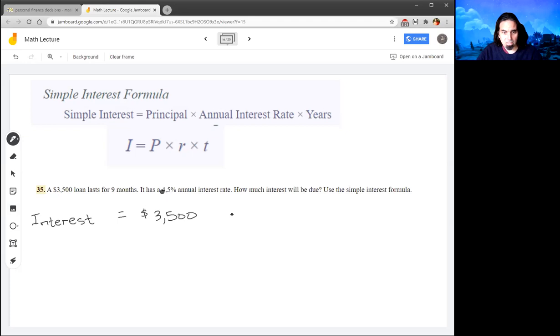So if I flip-flop that, I get 0.045. And the time is 9 months. So what will I put in for the time? Wouldn't it be 3/4? It would.